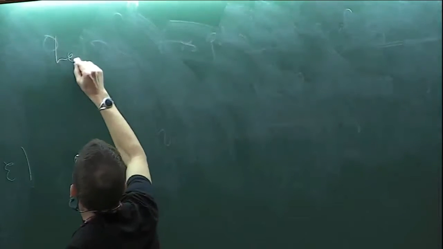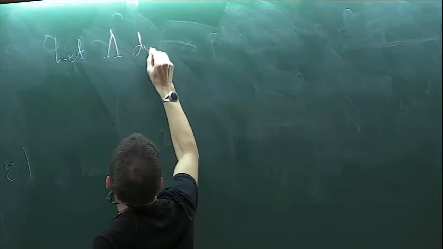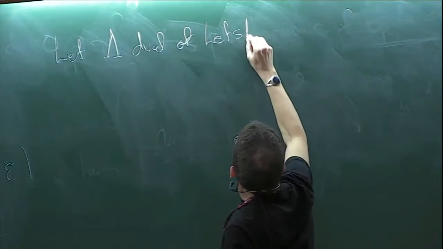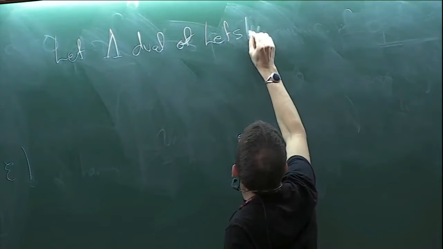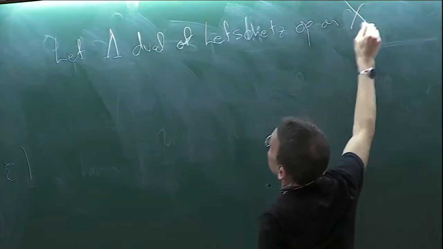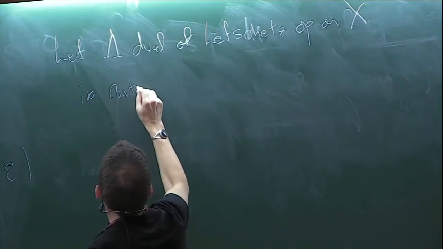So let's let lambda be the dual of the Lefschetz operator on X, i.e. contraction with the Kaehler form.